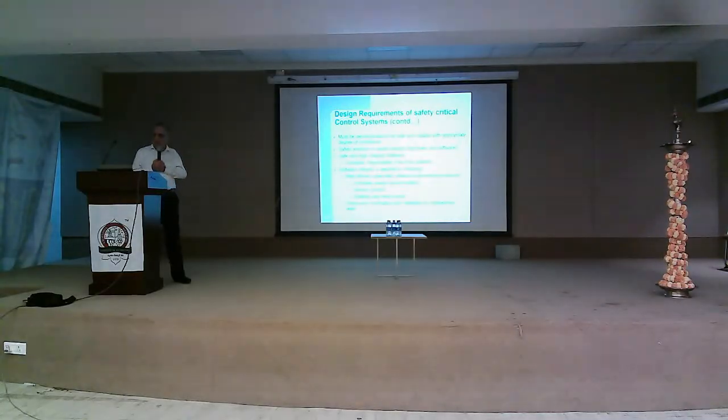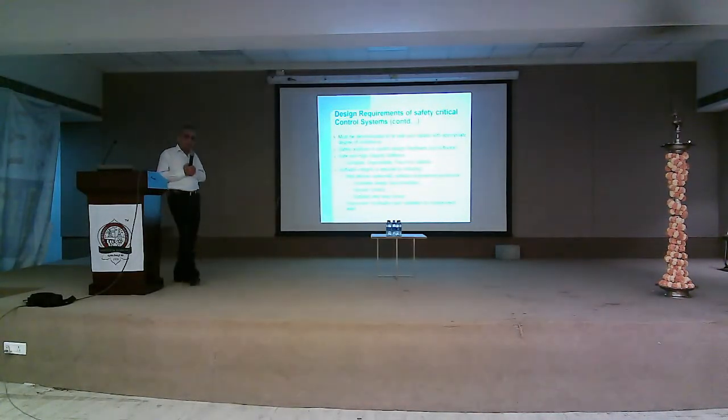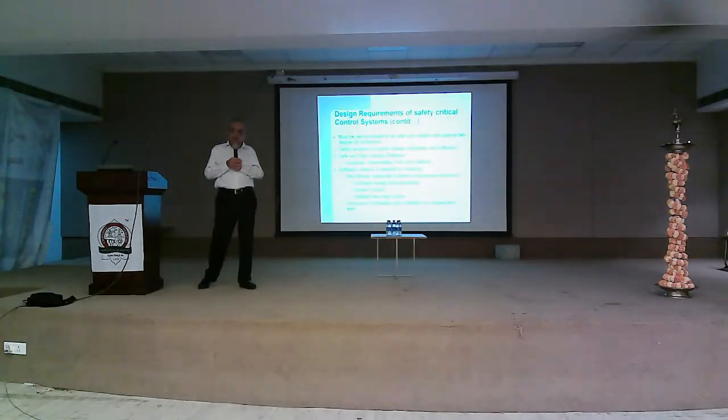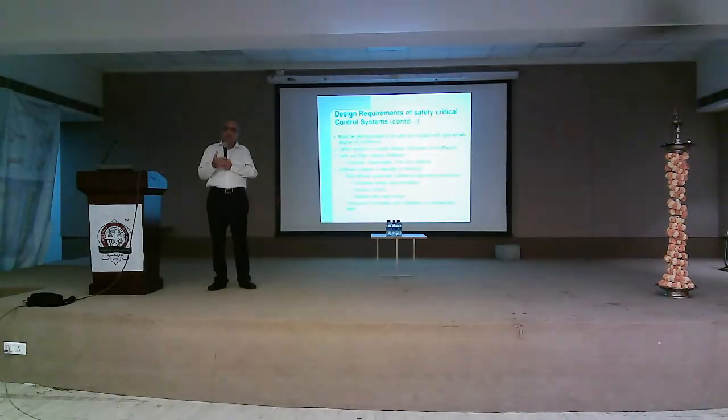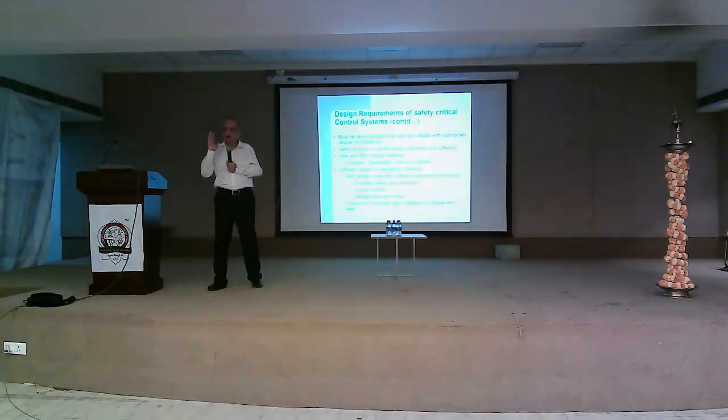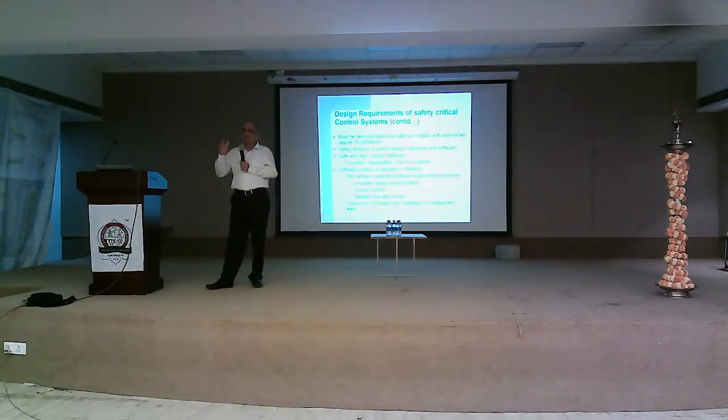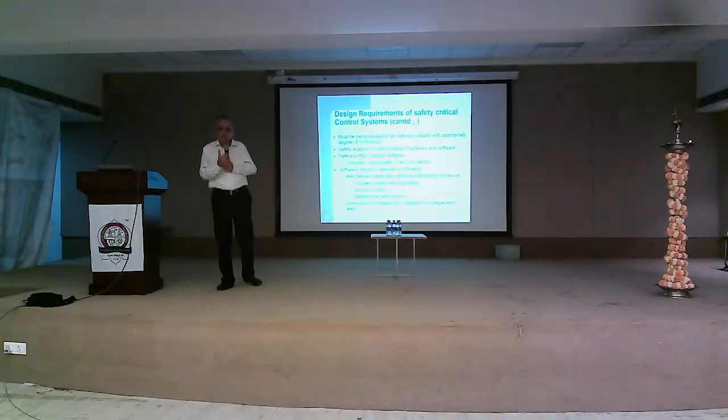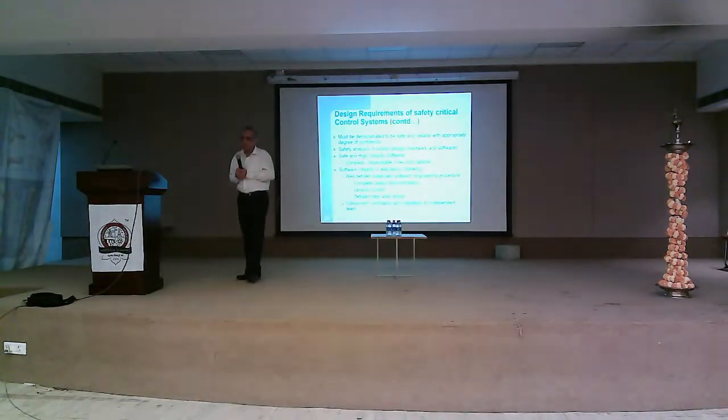Now, the other requirement: it must be demonstrated to be safe and reliable with appropriate area performance. To achieve that, you have to make sure that your hardware is highly reliable and your software is reliable. Hardware is easy because you know the failure rates of the components.